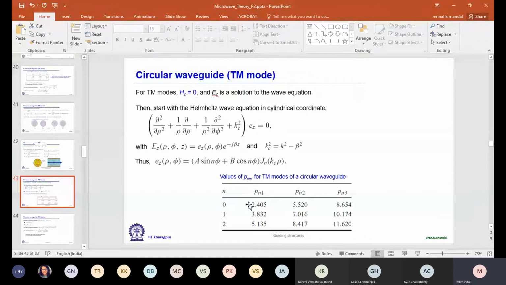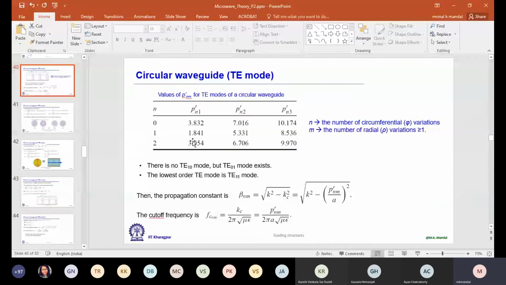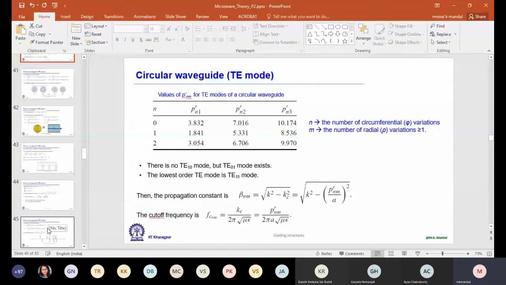Now, this TM01 mode cutoff value is 2.405, compared with the TE mode, where it was 1.841. So the TE11 mode has the lowest cutoff frequency. Then, according to the definition, we call the dominant mode TE11. So TE11 is the dominant mode.